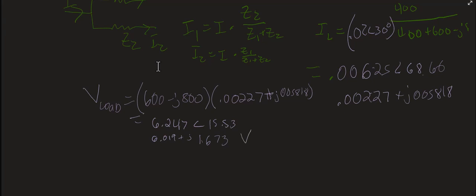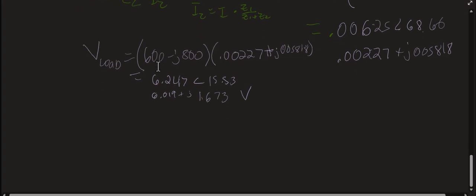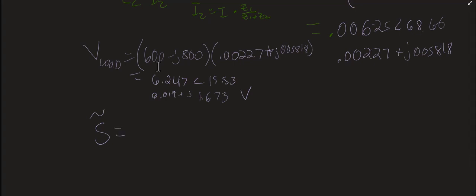Okay, so now I know my complex power for the load is, now I remember that this was not RMS, so I need a 1/2. V, 6.247 angle 15.53, times I conjugate.